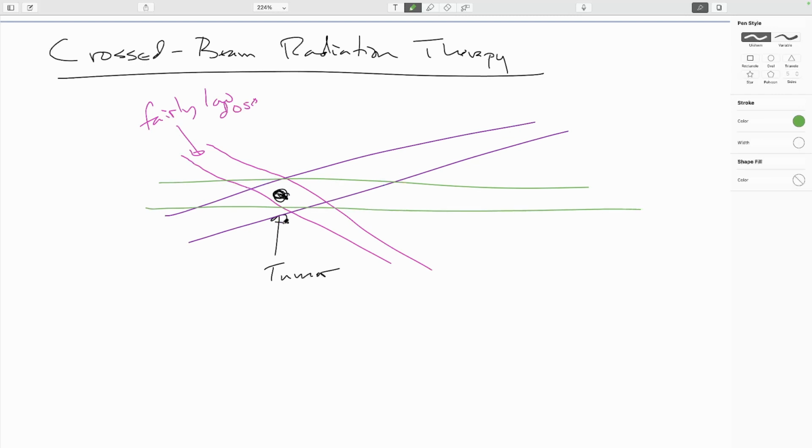The idea is that if you are sufficiently clever in designing where all the pencils of radiation go, the cumulative dose at the tumor will be enough to kill the tumor. So we'll have a high dose at the intersection, but hopefully low enough doses everywhere else that it won't create more problems than it would solve.